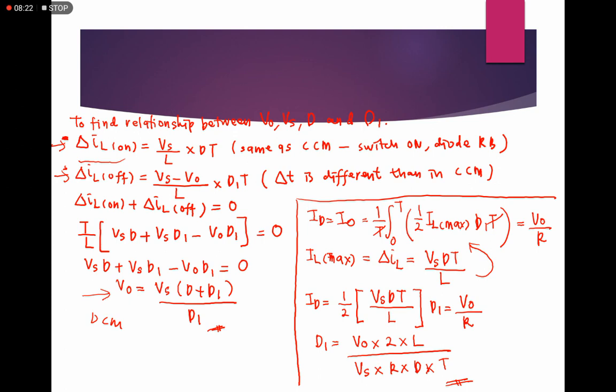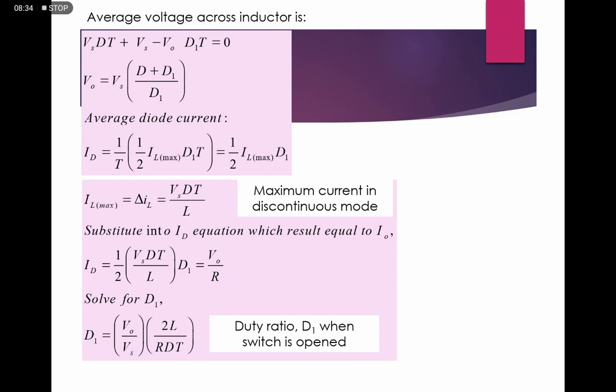Finally we get this equation over here, which is D1 equals V0 multiplied by 2L over Vs multiplied by R multiplied by dt. That is from the one that I wrote in the previous slide. So this is basically all the equations that relate to DCM.